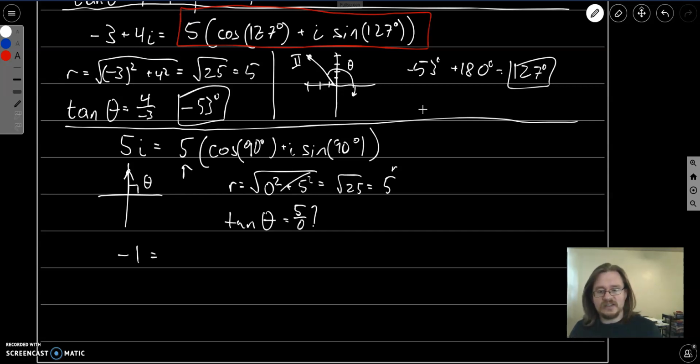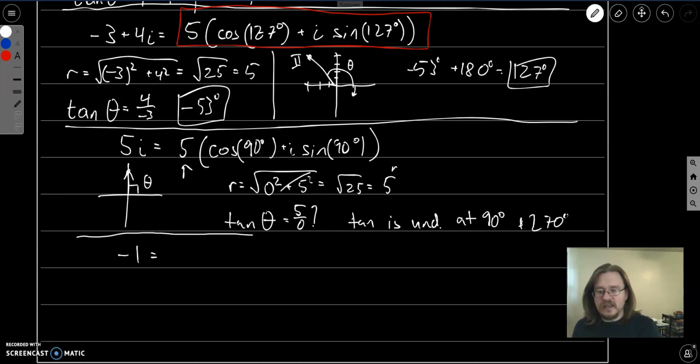And we know that tangent is undefined when x is equal to 0. So either we're pointing straight up, which is at 90 degrees, or straight down at 270. So which one of these is the correct angle? Well, you just have to draw a picture and see, oh, we want the one that's pointing up, not the one that is pointing down.